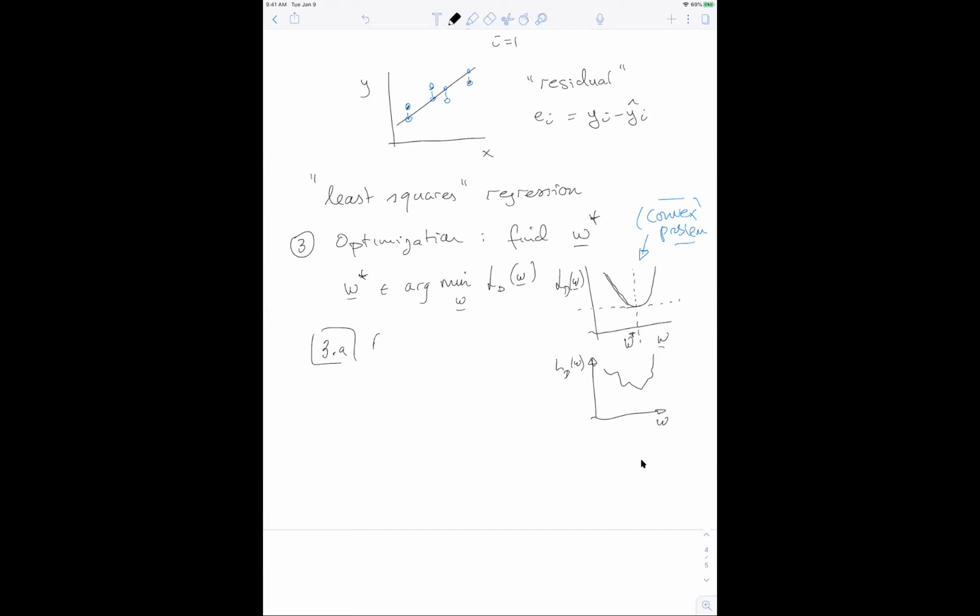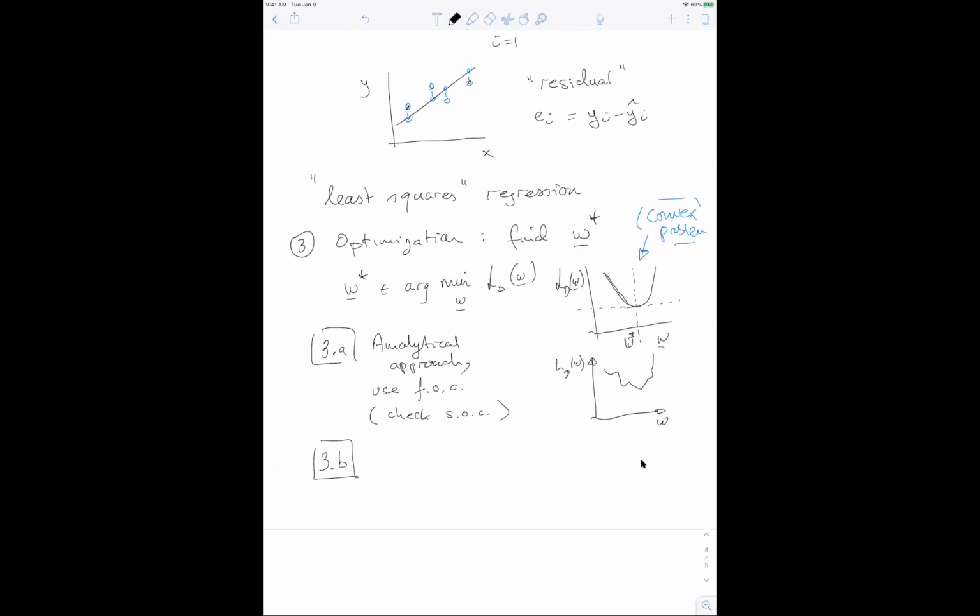One thing we could do, 3A, is take an analytical approach: use first order optimality conditions, which we'll talk about a little bit more in a second. You also need to be checking second order optimality conditions. If you can solve this algebraically, that's great, and that will give you a solution to your training problem.